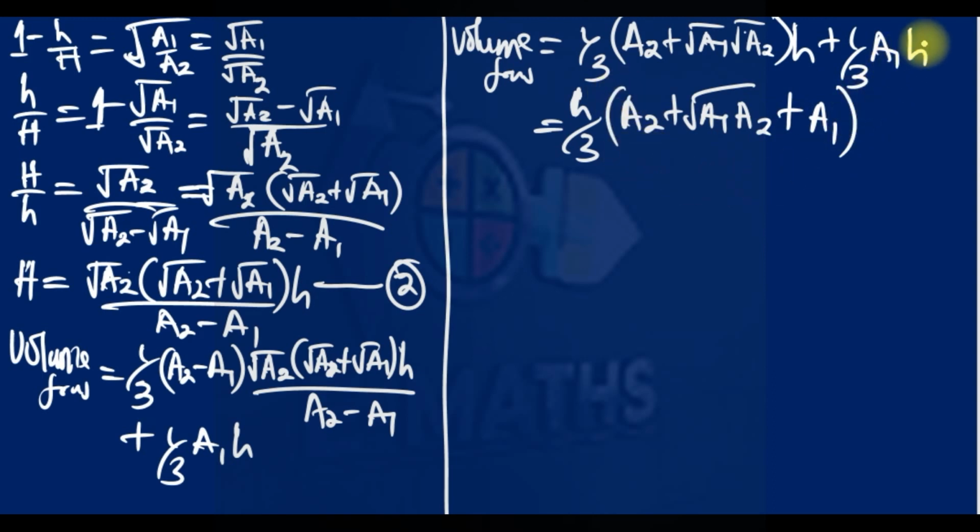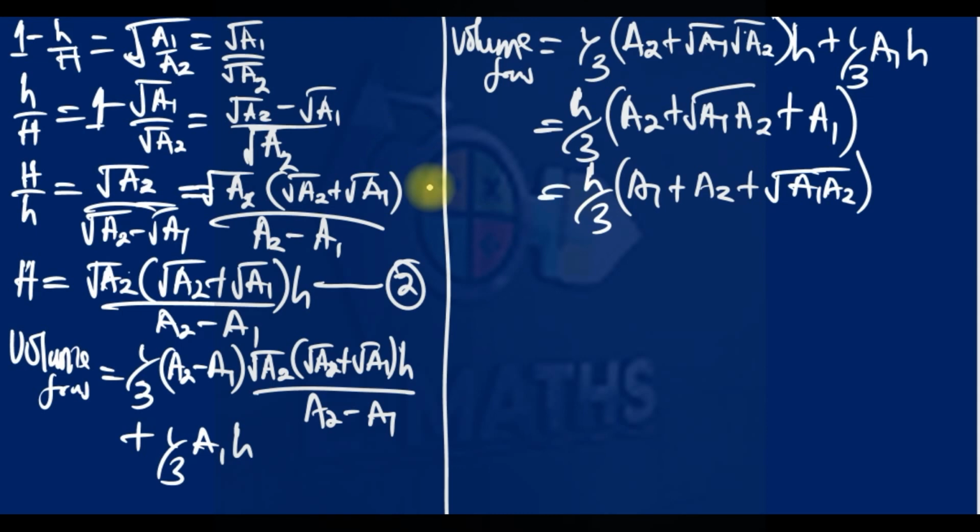Do you guys see, I factored h over 3, so we're left with this in the first one, and this in the second one. So this is a formula. Okay, maybe let's just write it a1 plus a2 plus square root a1 a2. So that's the volume of a frustum of a pyramid.